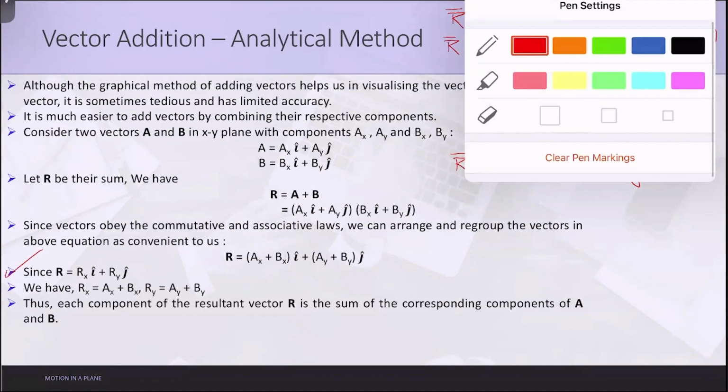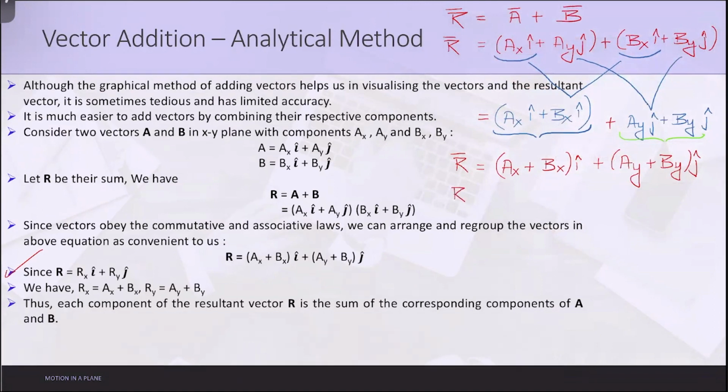Okay, so r bar is also equal to rx i cap plus ry j cap. Now, by just viewing these two equations, what can we write?